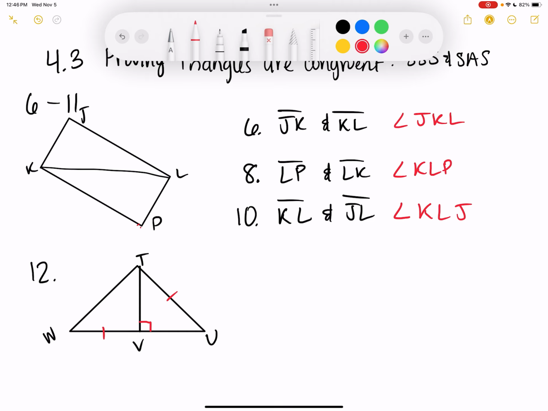I mean, yes, that's true, but that's not what they're asking us for. They want us to say, is there enough information to show that these two triangles are congruent? And the two triangles are triangle UVT and triangle WVT.